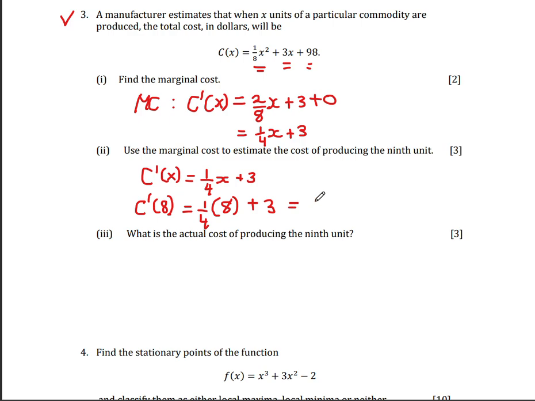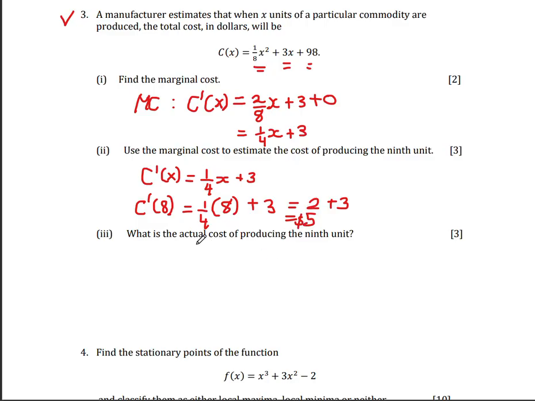And this will be equal to a quarter of 8, which gives us 2, because 4 goes into 8 2 times. So 2 plus 3 gives us 5. So the marginal cost to produce the 9th unit is $5.